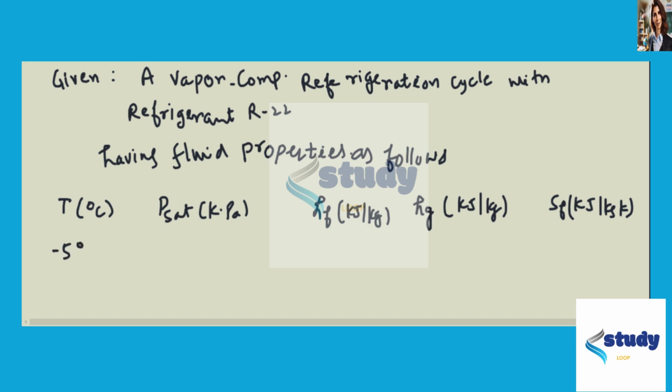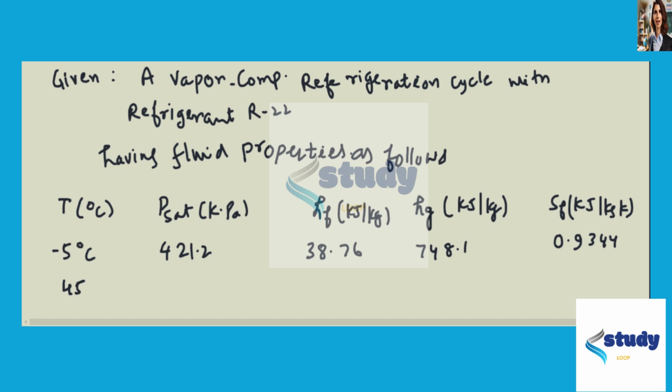Temperature minus 5 degrees Celsius. Saturated pressure of the fluid is 421.2 kilopascal. Heat capacity is 38.76 kilojoule per kg. Vapor is 248.1 kilojoule per kg, and entropy of vapor is 0.9344.